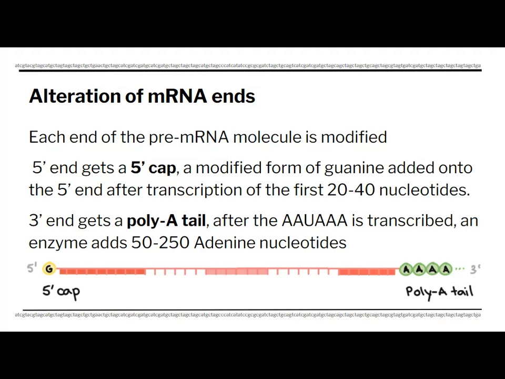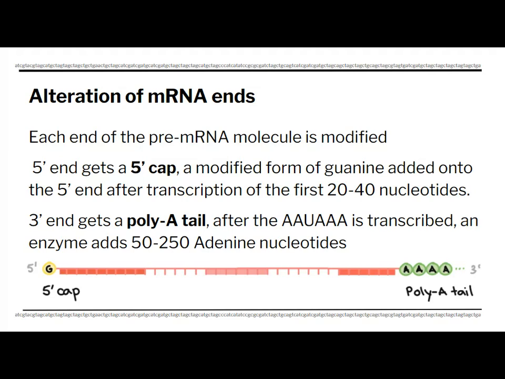At the very end, we get this poly A tail, or polyadenine tail. So after we have our AAUAAA, right, our signal, a special enzyme will come in and add 50 to 250 adenine. This is important because stuff can fall off that 3' end.